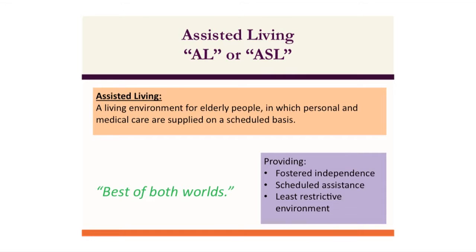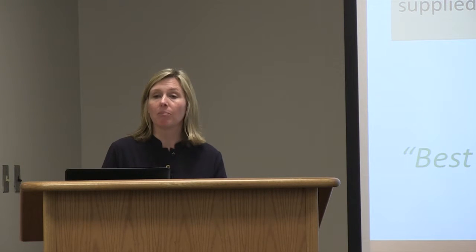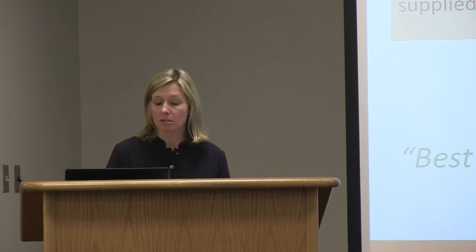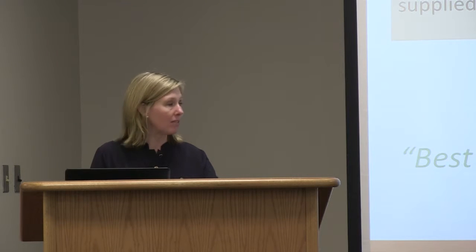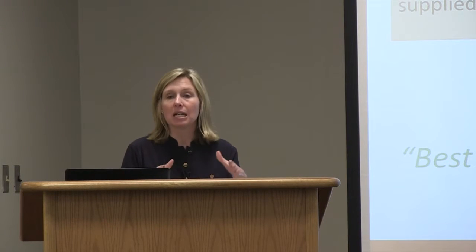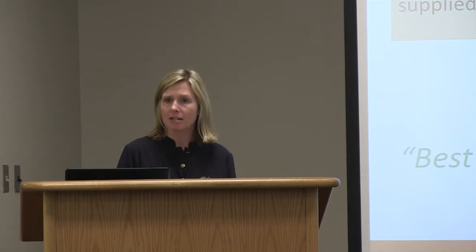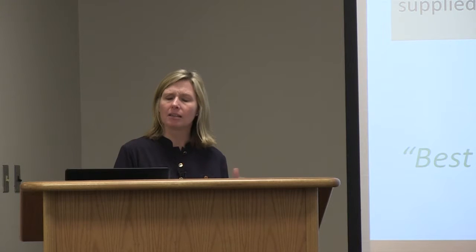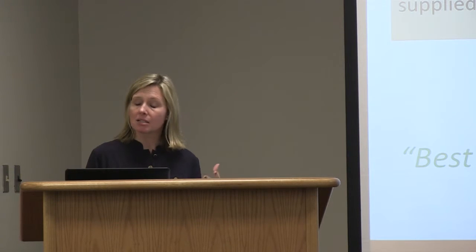So when we think about criteria for someone who's appropriate for assisted living, someone may need help with bathing and showering and medication management, but they also must be deemed chronic and stable by their doctors. So it is someone who needs a routine and needs their care to be on a schedule rather than on demand. And we'll get into that a little bit later. But the assisted living environment does some wonderful things.